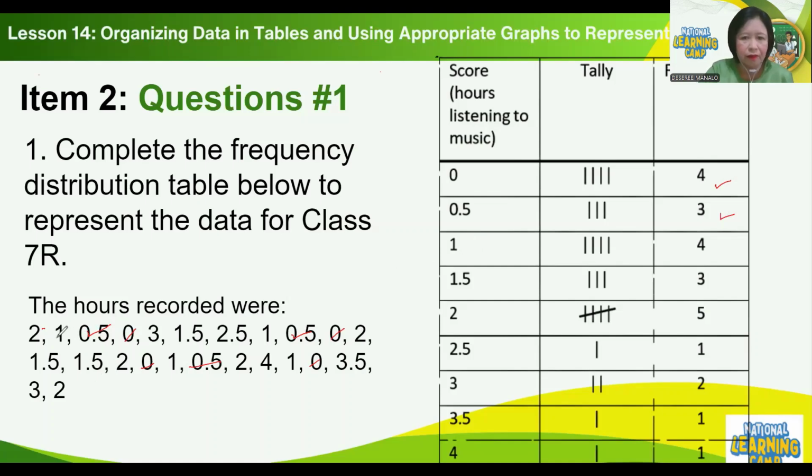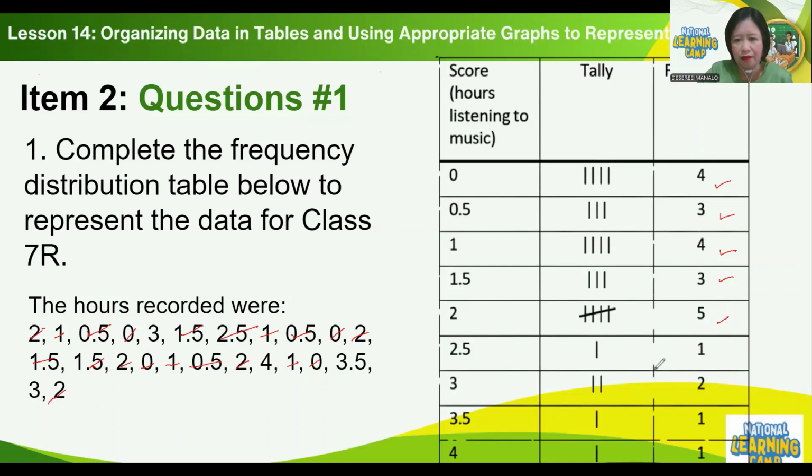So we have 4. Next, 1.5 hours. There are 3: 1, 2, and then 3. So that's correct. Next, for 2 hours, we have 5: 1, 2, 3, 4, and then 5.